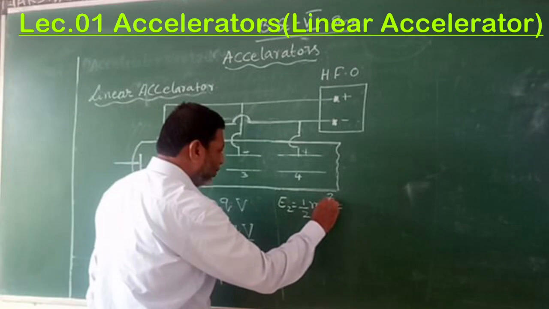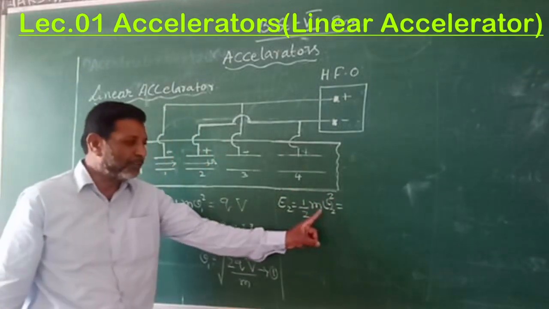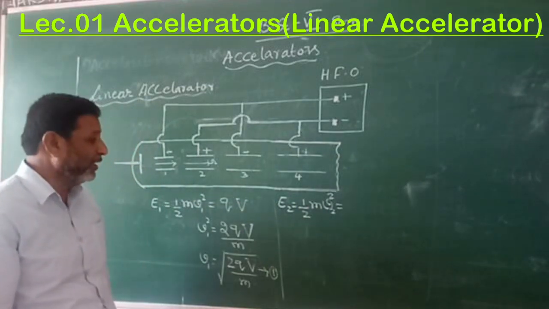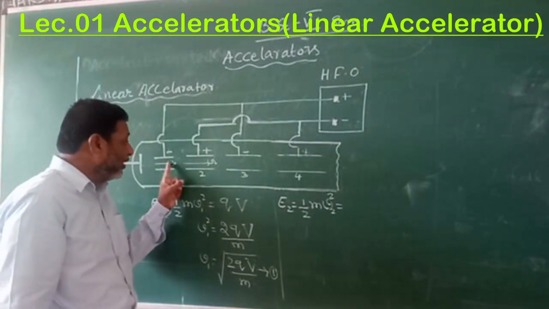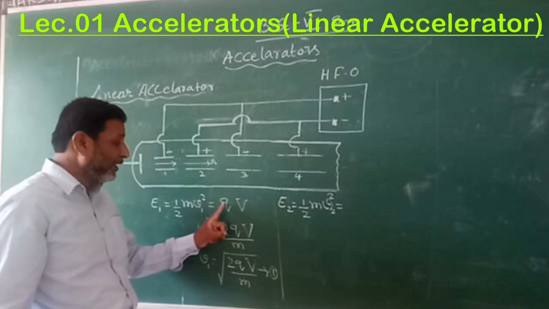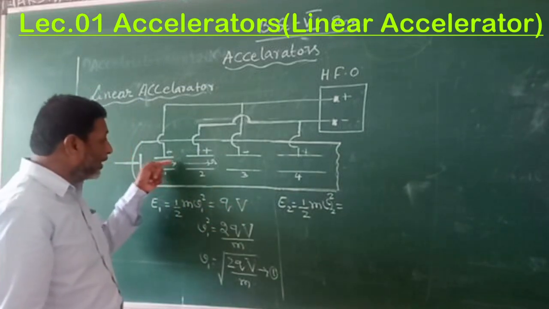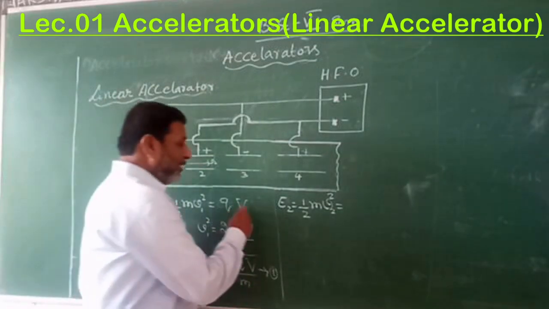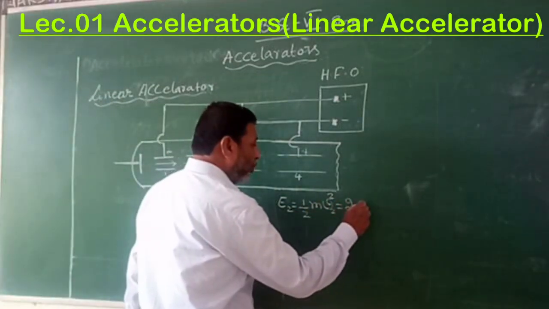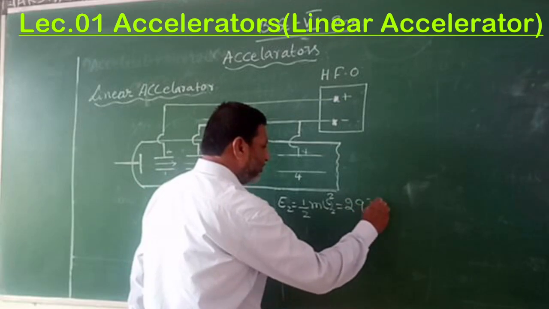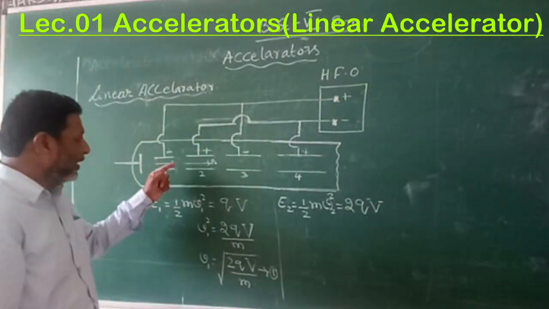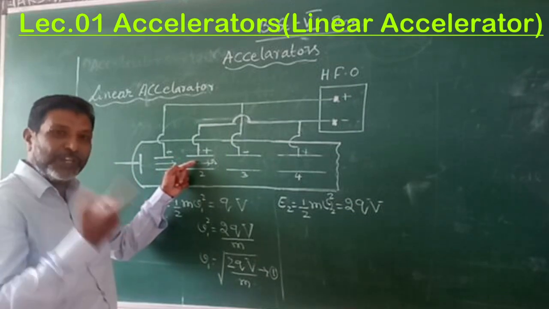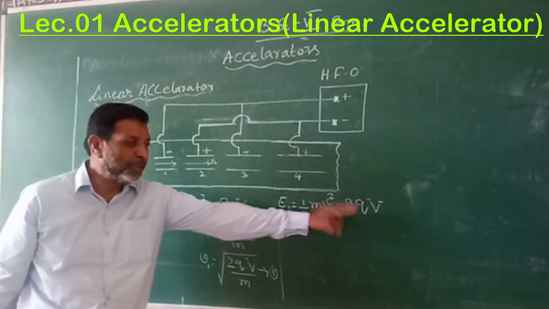This is in terms of mass and velocity, and in terms of potential difference: when it is attracted once, it is QV. Now it is attracted a second time, twice, so the energy will be equal to 2 Q into V, because when it is entering the second cylinder, it is attracted a second time. So it is 2QV.